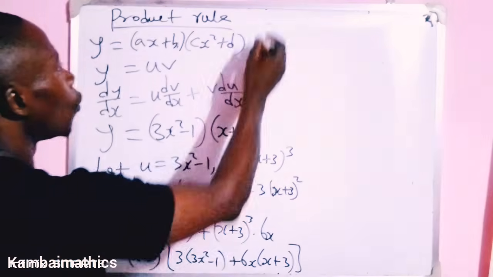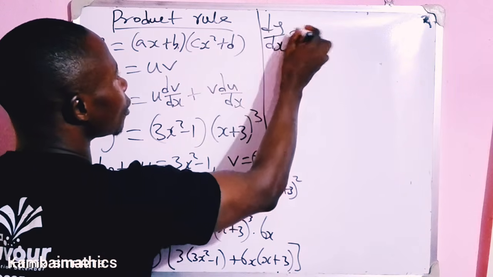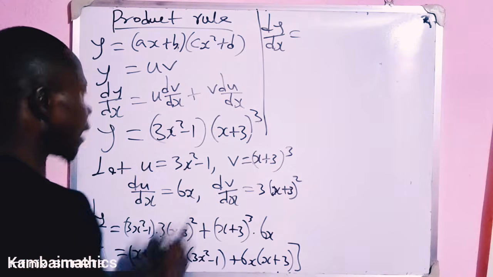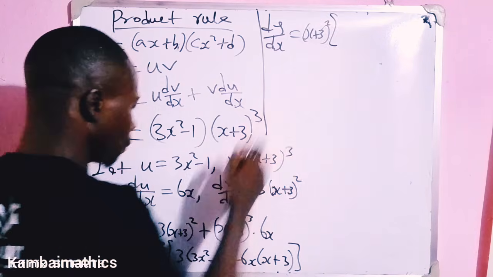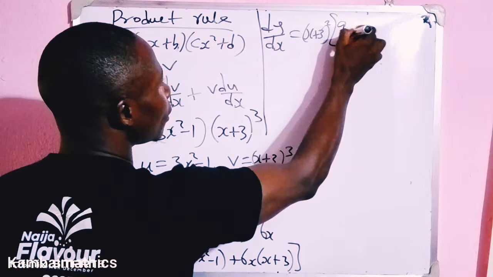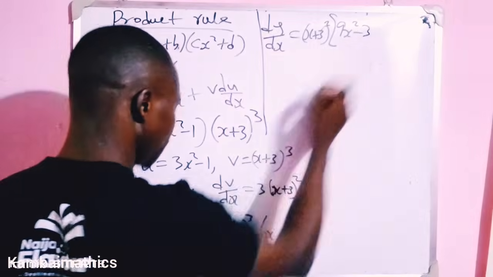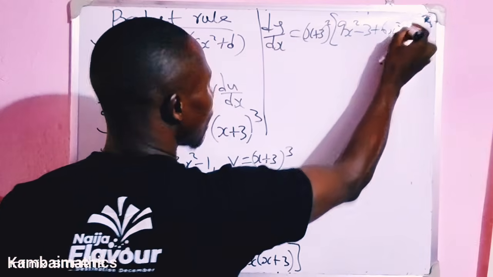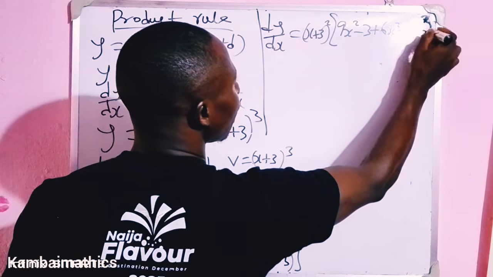So we go up, we'll have dy over dx is equals to, let's expand the bracket inside. This will be x plus 3 in bracket square, and then this times this will give us 9x squared minus, this times this will give us minus 3. This times this will give us plus 6x squared, and then this times this will give us plus 18x, close the bracket.